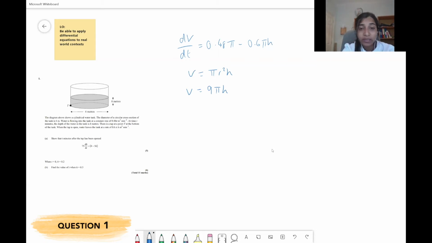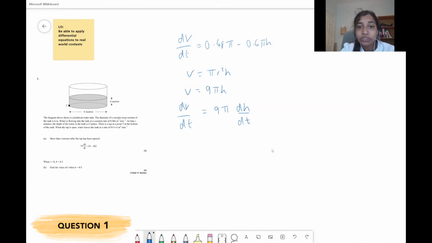Now we can differentiate this with respect to t, because we're trying to find dh/dt, which is what we're aiming for. If we differentiate both sides relative to t, dV/dt is equal to 9 pi times dh/dt.